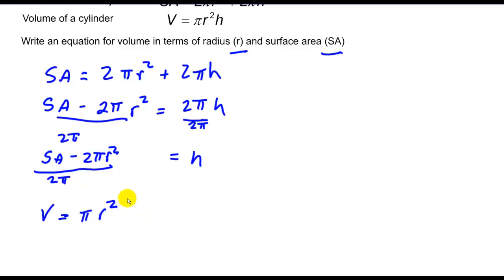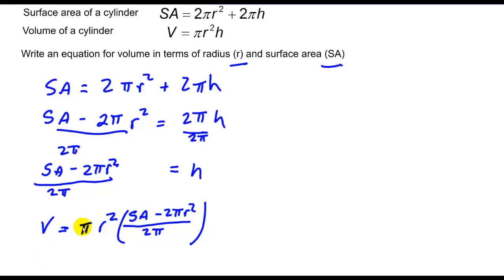So I'm going to make that substitution here and say that I have surface area minus 2 pi r squared over 2 pi, and that is my h value. Notice my volume is now expressed in terms of surface area and radius.